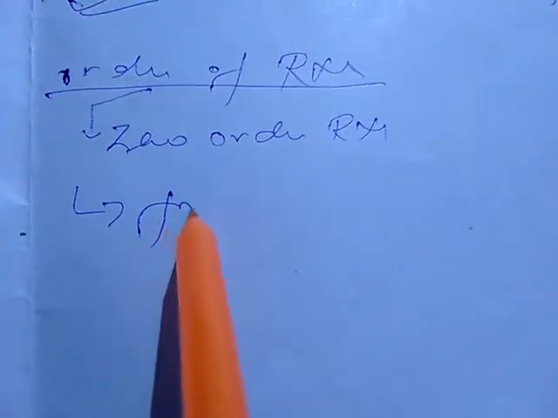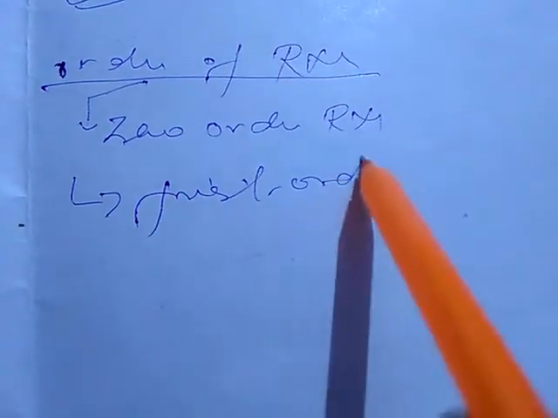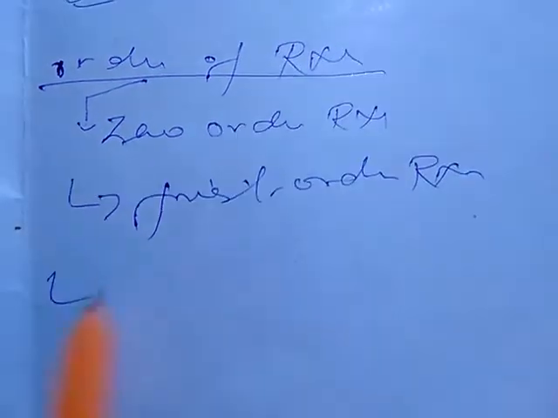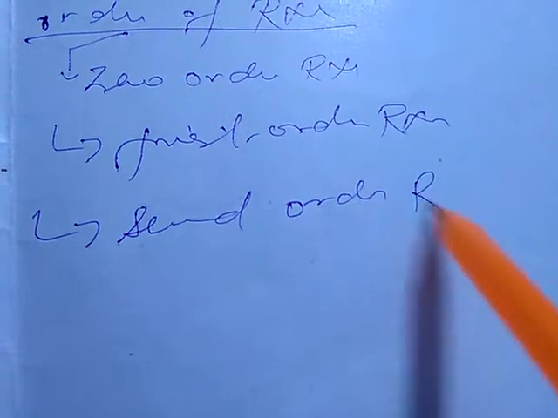Now on the basis of order of reaction, we can classify reactions into various types. On the basis of order of reaction, a reaction could be called a zero order reaction, a first order reaction, a second order reaction and so on.